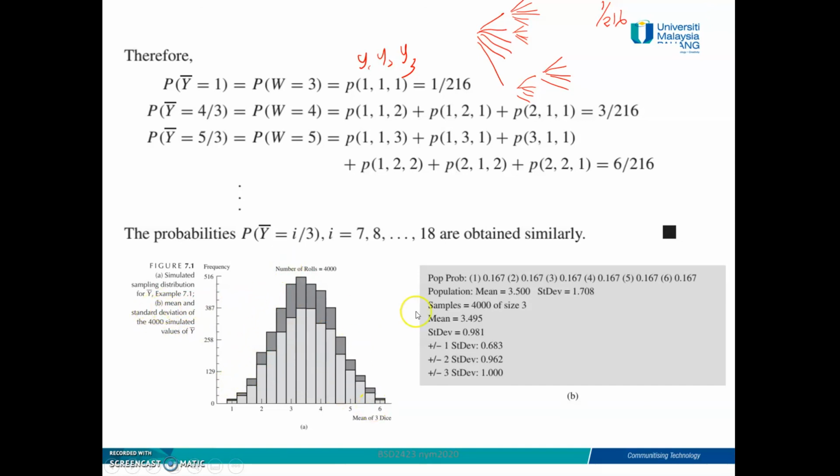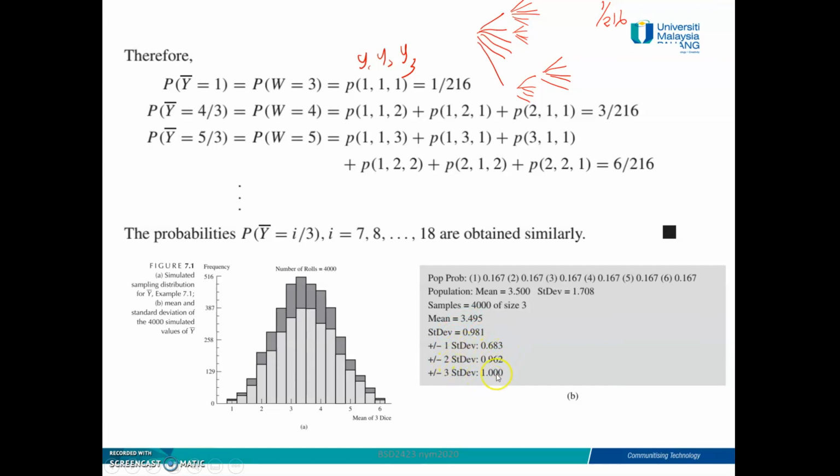And then B is the mean and standard deviation of 4,000 simulated values of y bar. When we do the number of rows 4,000 times of size 3, you get 3.495 for the mean, and the standard deviation is 0.981. So this is one standard deviation, 1 sigma, 2 sigma, 3 sigma.